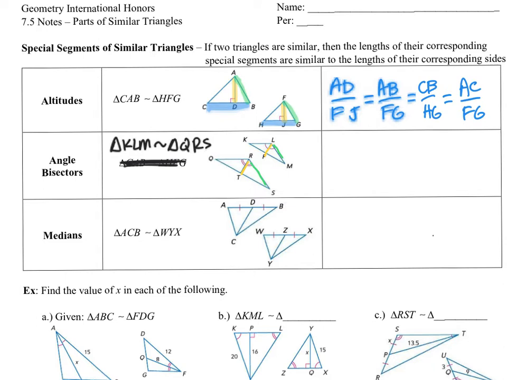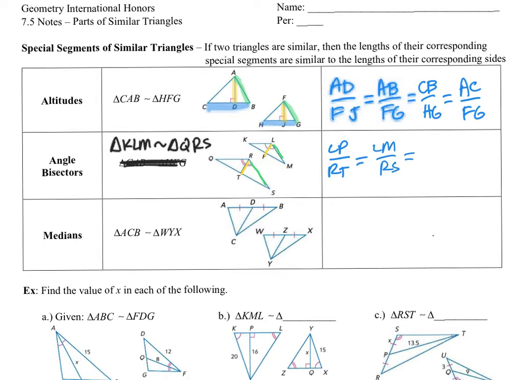So we can take the ratio of those angle bisectors, that would be LP to RT, and that would be the same as the ratio of those green sides. And make sure, notice we went smaller to larger, so we want to take the smaller corresponding side to larger. So LM to RS, which would be equal to the ratio of another pair of corresponding sides. Let's highlight, how about blue?